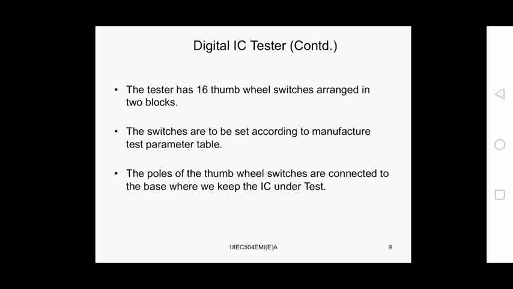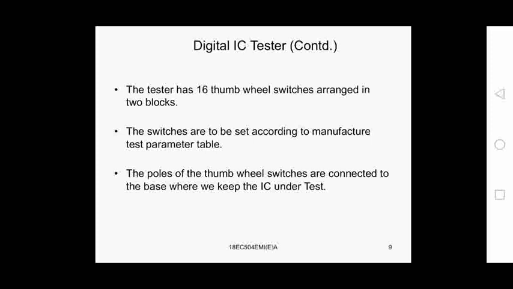Based on that, the thumb wheel switches are to be set according to the manufacturer test parameter table, and the poles of the thumb wheel switches are to be connected to the base where we keep the IC under test.